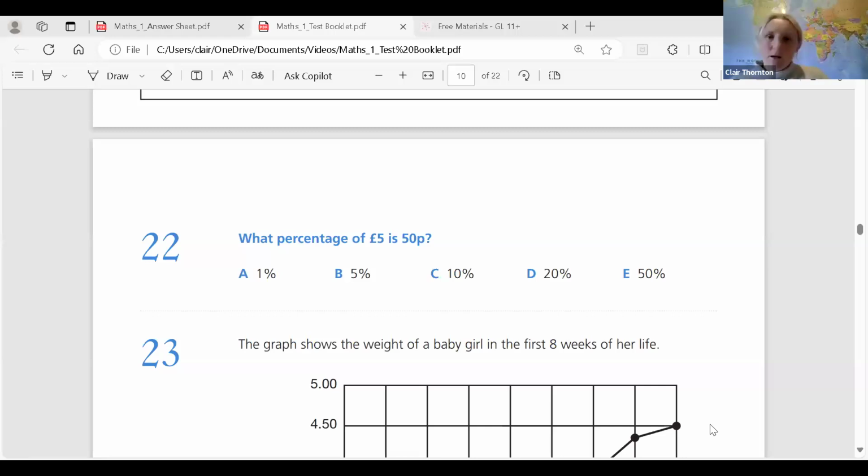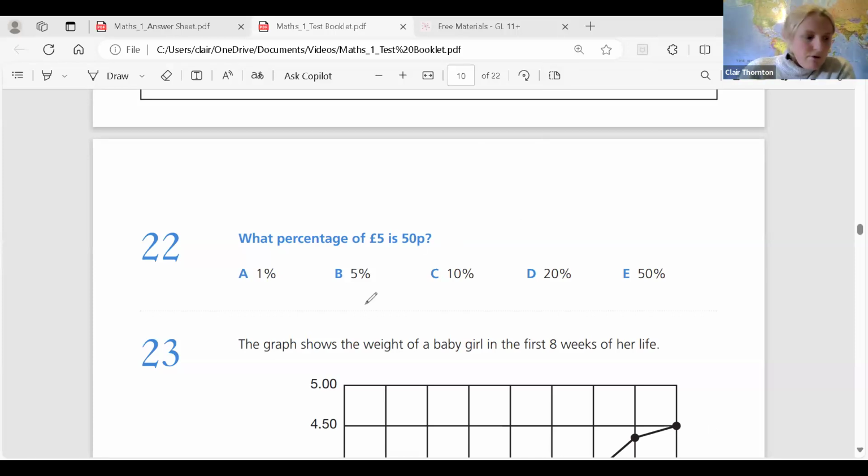And often at school, you're taught in tests, leave it blank, come back to it. You are unlikely, much less likely anyway, to have time to do that. And because these are all multiple choice questions, what is the point in leaving it blank for good? Even if you have a complete guess, you're still going to have a 1 in 5 chance of getting it right. So there's absolutely no point in the 11 plus to leaving anything blank.